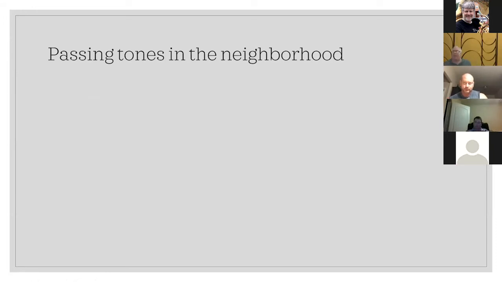In other words, if you're seeing a measure that has C, E, G, your major triad, and you see nothing but C, E, Gs in that whole measure, then your analysis of that measure would be C major, I'm done. Easy. Next.